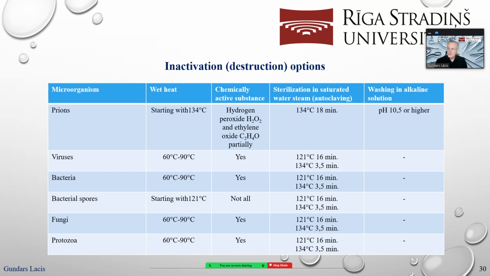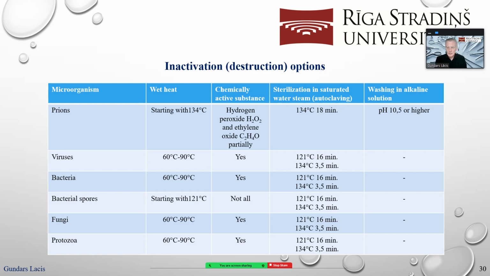We can destroy them starting with 134 degrees Celsius, with an exposure time of 18 minutes, or washing in alkaline solution where pH is equal to or higher than 10.5. Of course, chemically we can also try to destroy them, with hydrogen peroxide or ethylene oxide, but it's just partly.